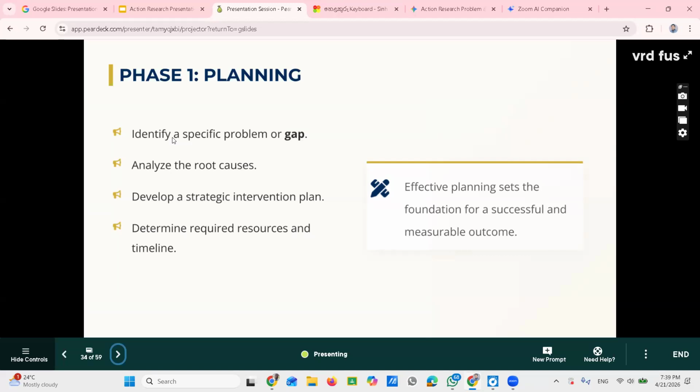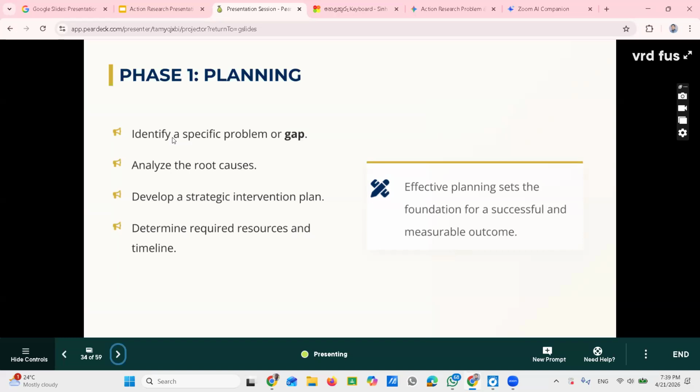Then you have to identify the specific problem, what problem you are going to solve. That's part of planning. Or gap: here the specific word is gap, which I'm not going to explain now. It will come up in another place, and then I will explain the gap. In this case, remember you want to identify a specific problem in your research.